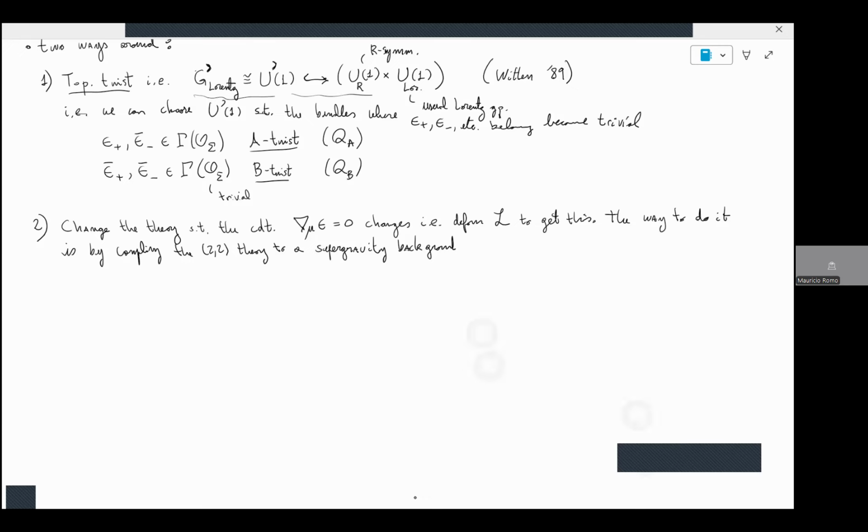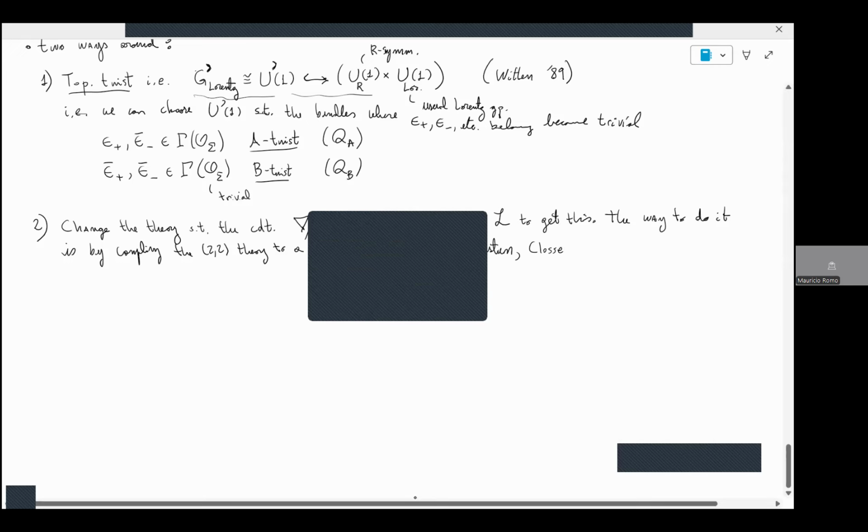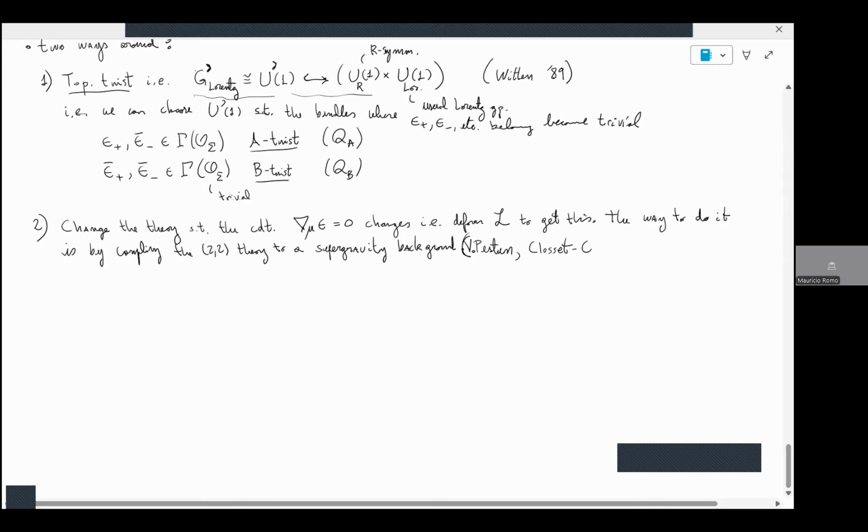This idea was originally studied by Vasily Pestun, but later on it was studied by many other people, many other localization results. For the 2D case, it was Closset and Cremonesi that did it.